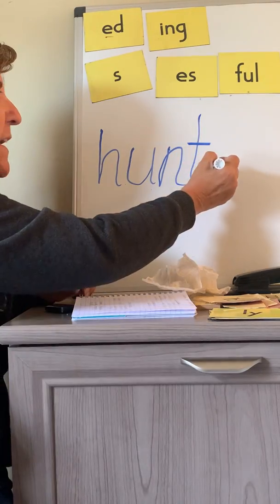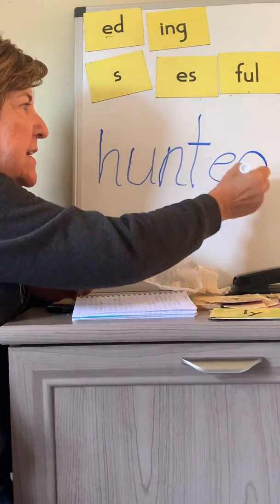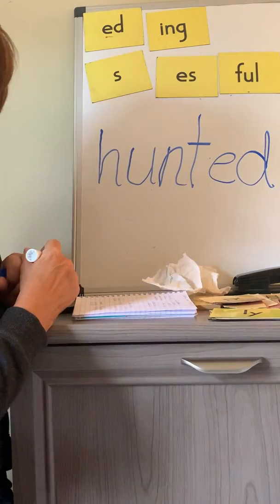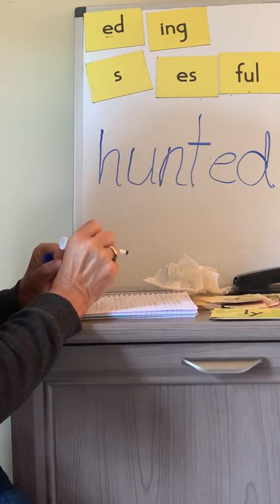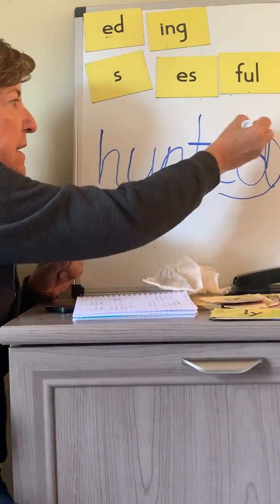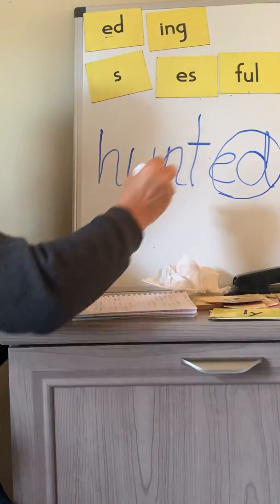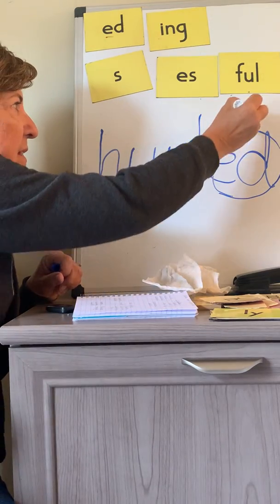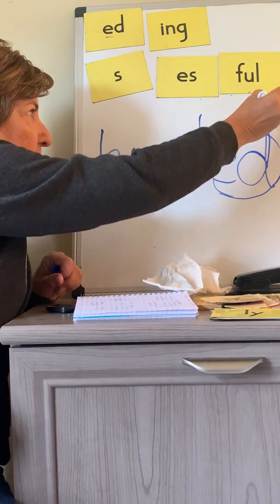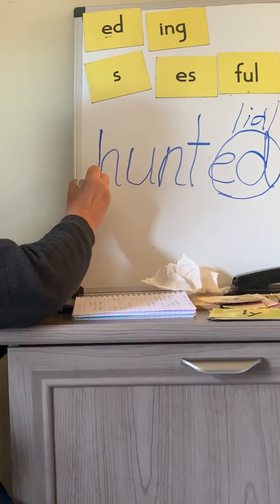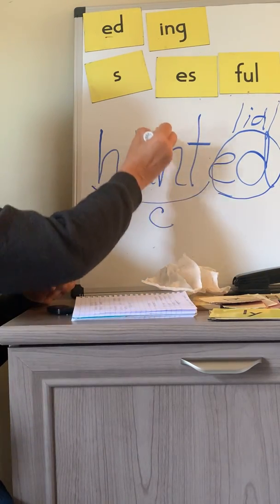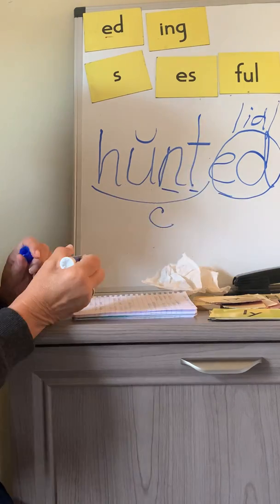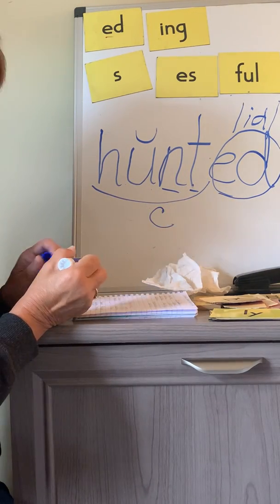Going to add the ED. Hunted. Hunt, hunted. Put the ED in the black hole. Hunted. It sounds like id this time. Scoop hunt. It's closed because the U is short and the NT shuts the door.